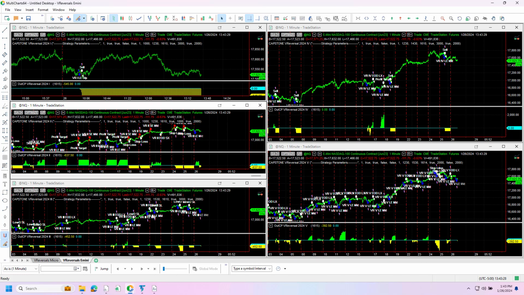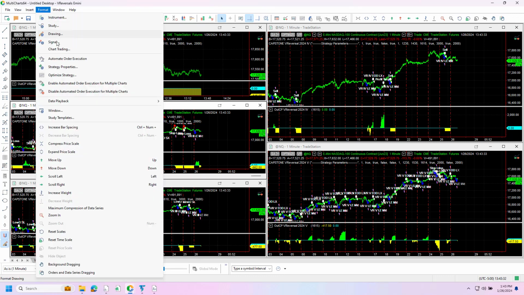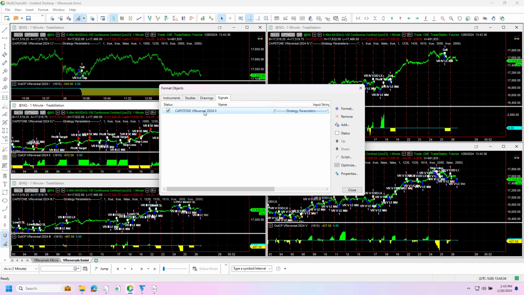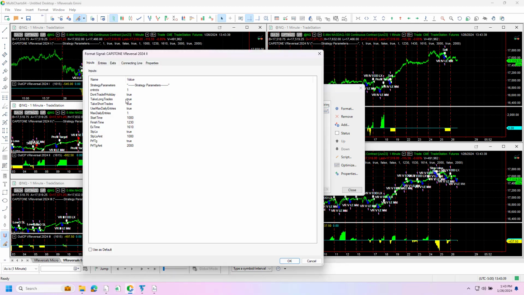So how would you go about customizing it for different long and shorts if it's not programmed in a TradeStation strategy? What you can do in this situation, and the reason that I've set stop loss to true and profit target to true, you might wonder, why would you ever want to set your stop loss to false? And this is why.